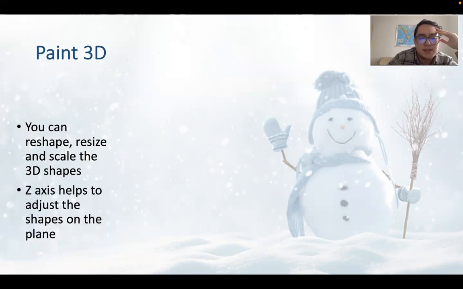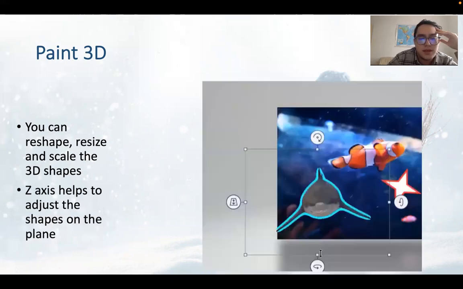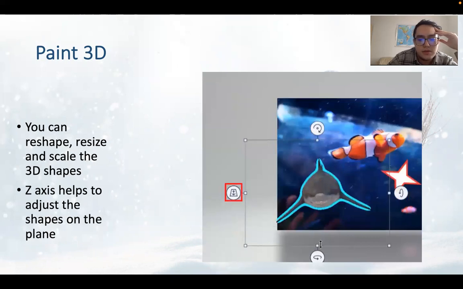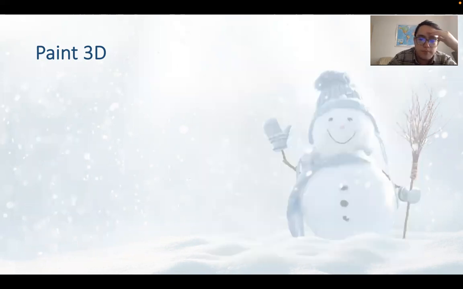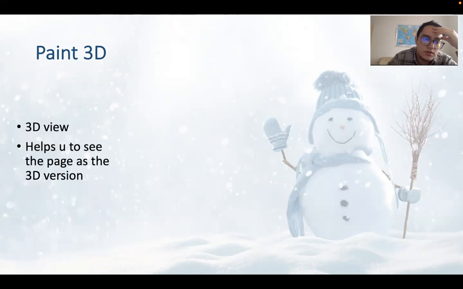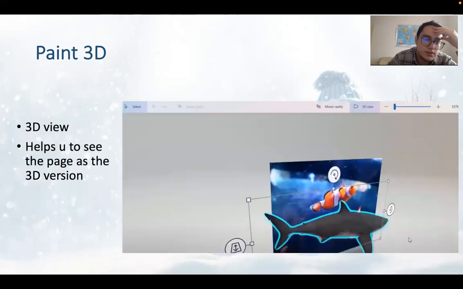The Z-axis helps to adjust the shapes on the plane. So by using this symbol, you can bring your 3D shape more to the front or more to the back. 3D view helps you to see the page as the 3D version.